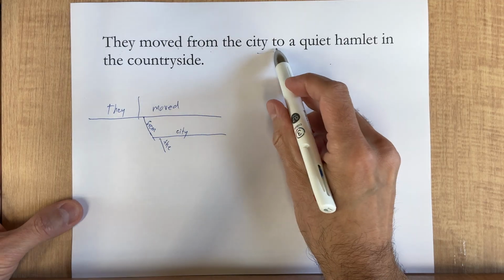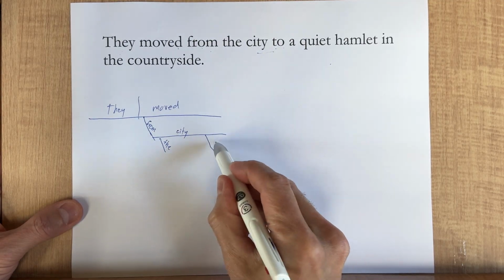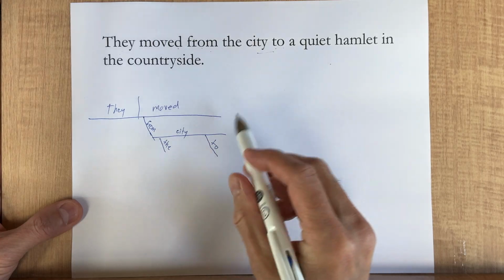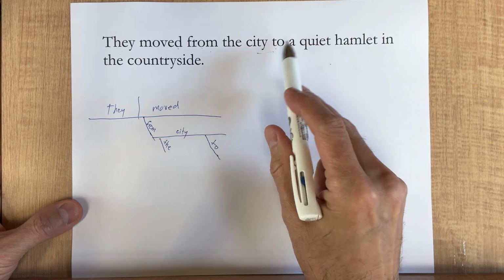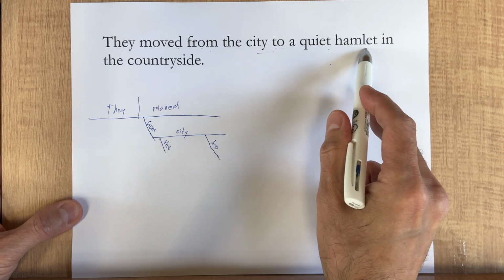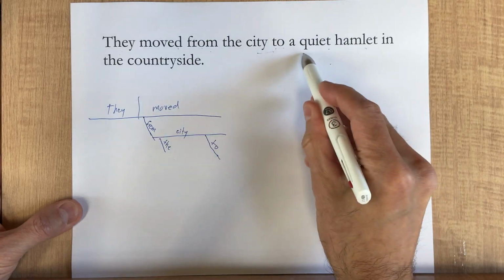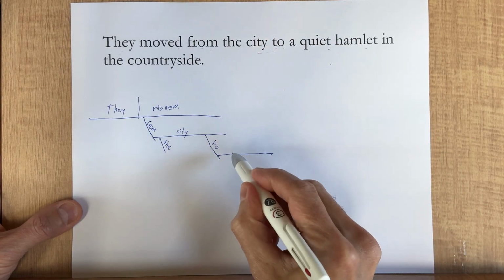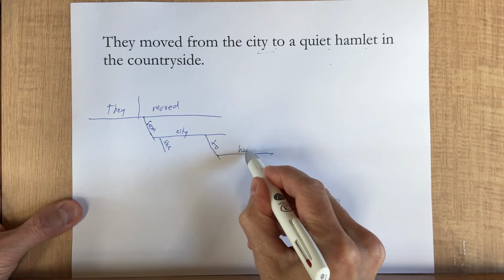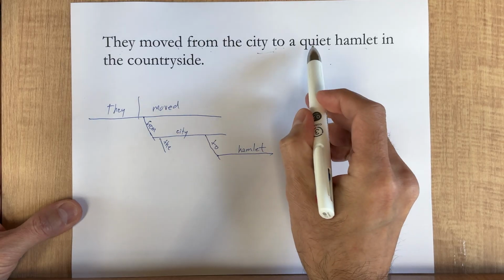But then we also have to, and here you have another preposition. So, to. And then where to? A quiet hamlet in the countryside. So we have, it's to this hamlet. So let's do hamlet. And what type of hamlet?